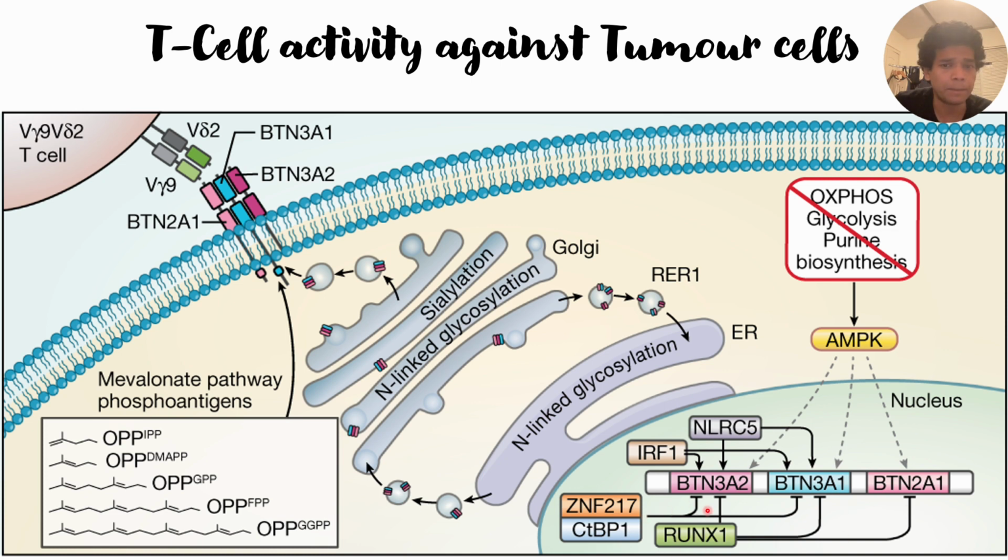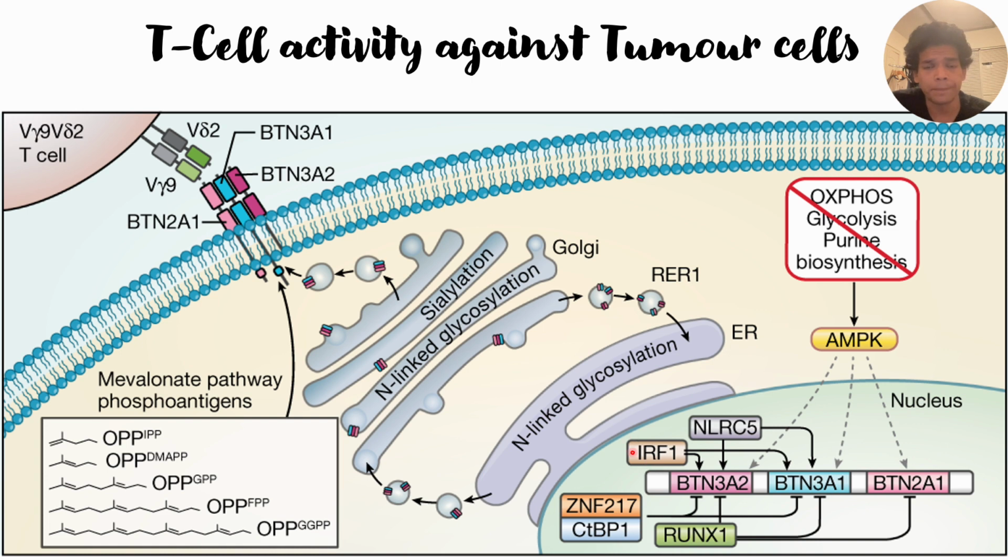The pathways that inhibit the upregulation of these receptors are downregulated or inhibited, such as ZNF217, CTBP1, RUNX1. All these are inhibited in tumor cells, whereas in normal cells they should be activated so that these receptors are not formed in normal cells.